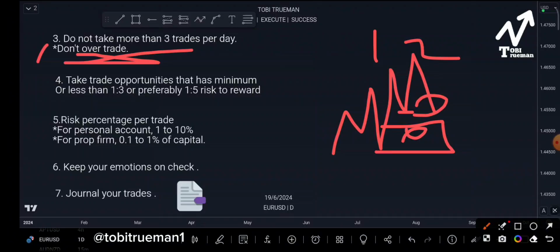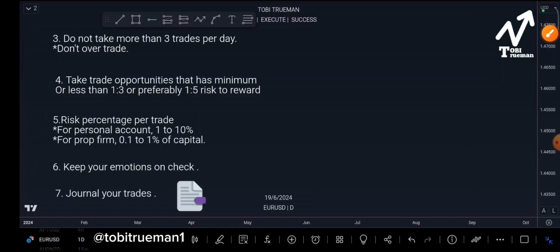When price takes inducement and there's an opportunity to trade, that mostly happens during the London session. But if there's no opportunity at the inducement point, then at the order block there's maybe an opportunity, which can also happen during the New York session. Okay, so you should not take more than 3 trades per day from these 12 pairs.